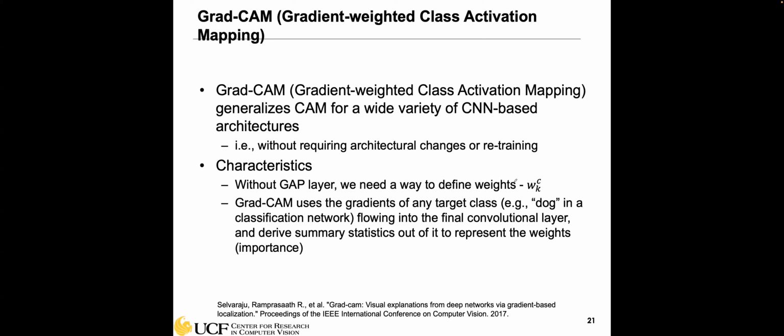We collapse the feature map into a single scalar and append different weights to measure the importance of these feature maps. So for Grad-CAM, they use the gradients of any target class, for example a dog in the classification network, flowing to the final convolutional layer and derive some statistics to represent the weights or importance.